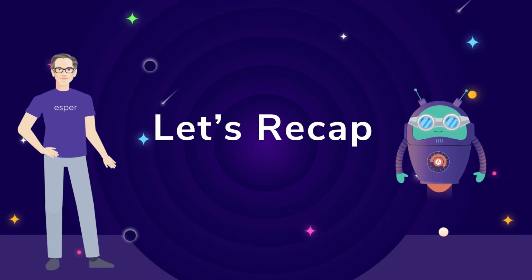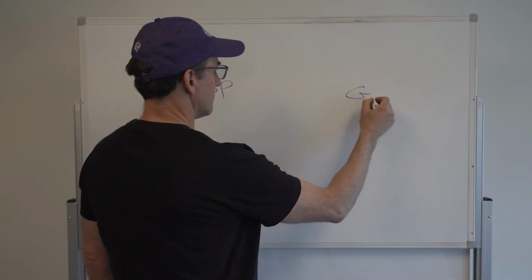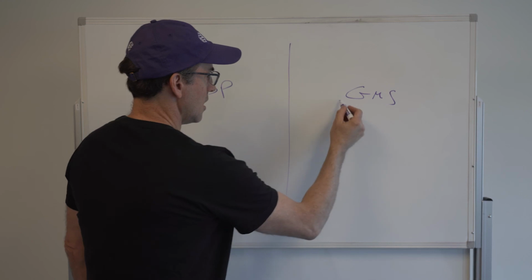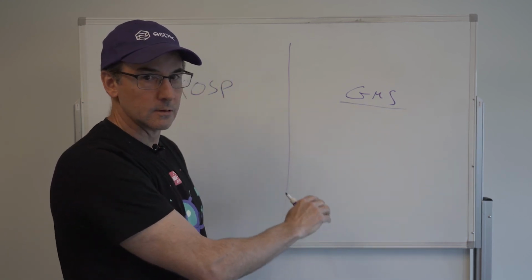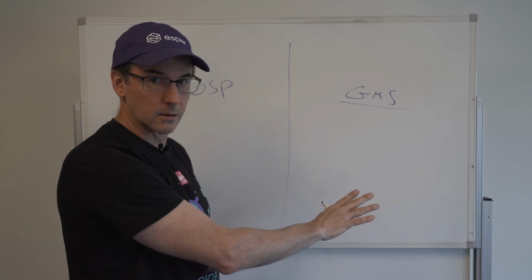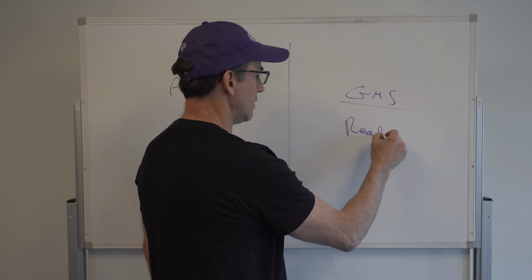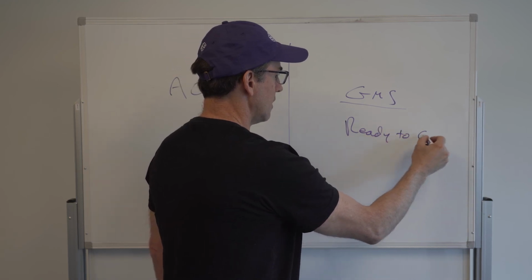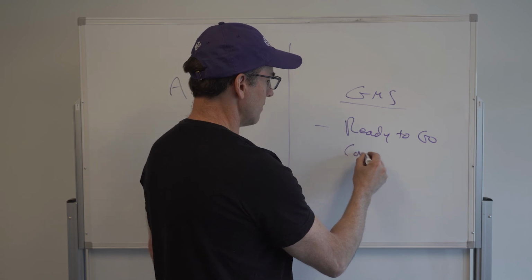So to wrap it up, we're talking about AOSP versus GMS. Rich platform over here, apps, services, developer technology, all packaged and ready to go. Very, very nice. Great set of devices available to you around common form factors.